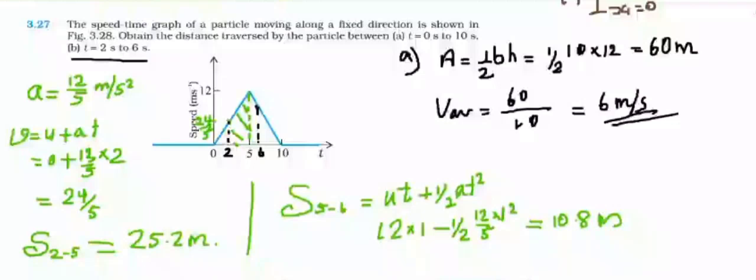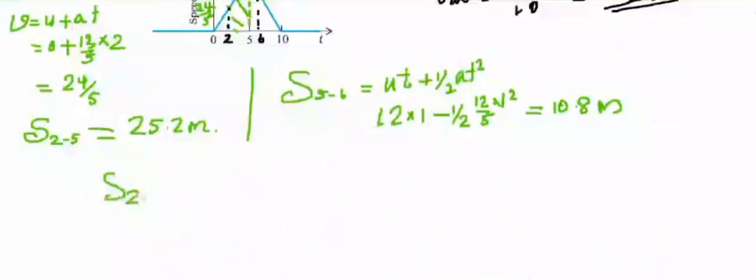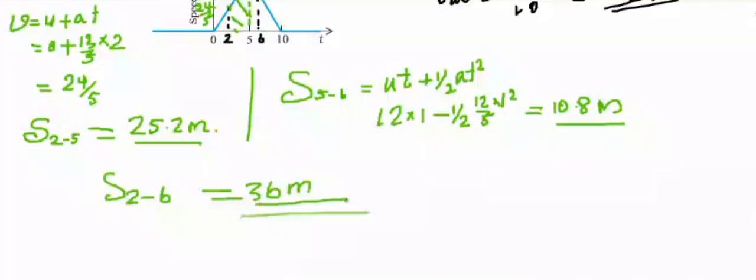Now ultimately we need to calculate the distance traveled from 2 to 6 seconds. So you have to add both the distances. You will get the answer around 36 meter. Here once again you need to calculate average speed.